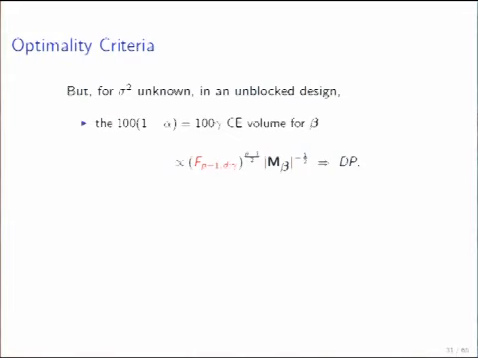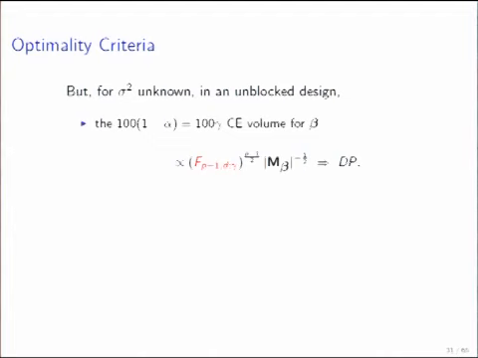P minus 1 is the number of parameters in the beta vector, and D is the degrees of freedom for pure error. So if we want to minimize this volume, we have to minimize all of that and not just that part.